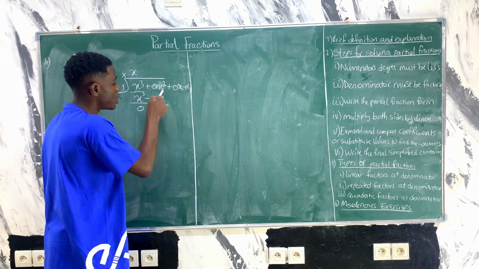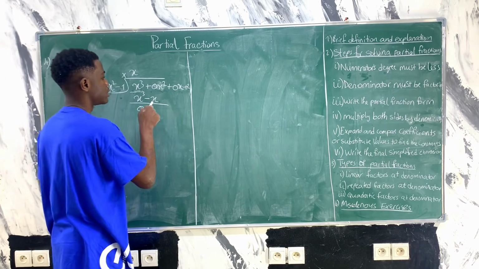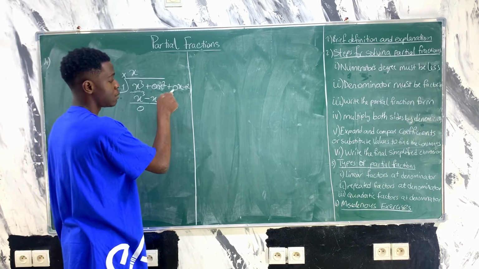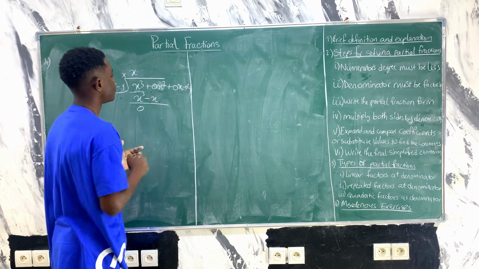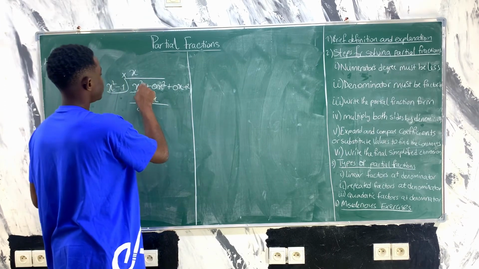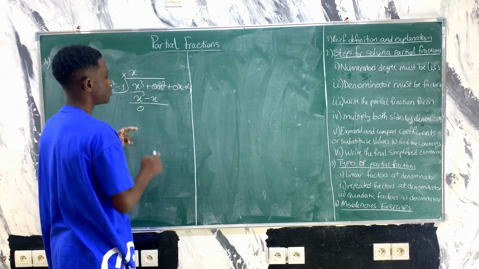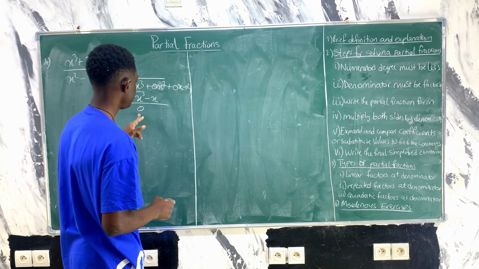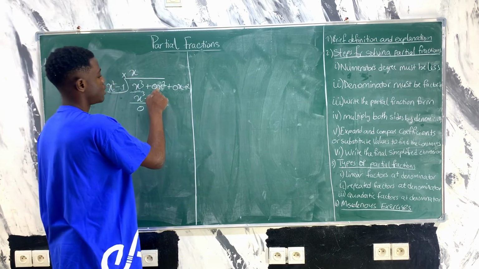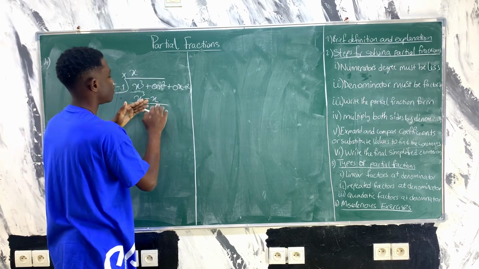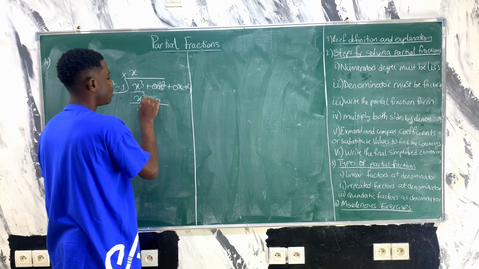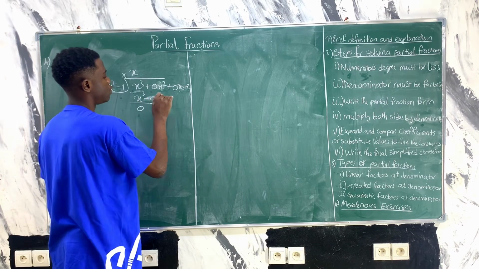When you have something with x in here, then you can subtract with this x. So x cubed minus x cubed is 0. Then 0x squared minus 0x squared.